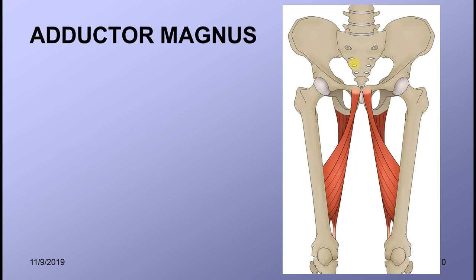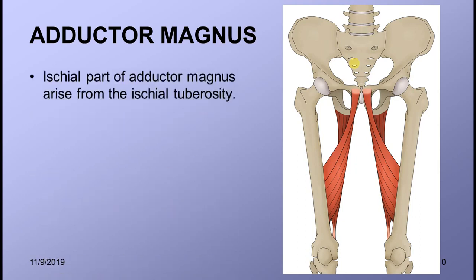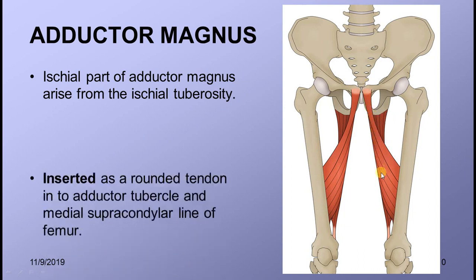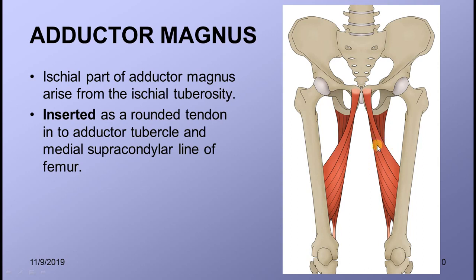The next muscle we are going to see is the adductor magnus. It has two parts. You are able to see the ischial part behind from the ischial tuberosity, and then you also have the adductor part. The ischial part arises from the lower lateral part of the ischial tuberosity and, as a round tendon, is inserted into the adductor tubercle and the supracondylar line of the femur.